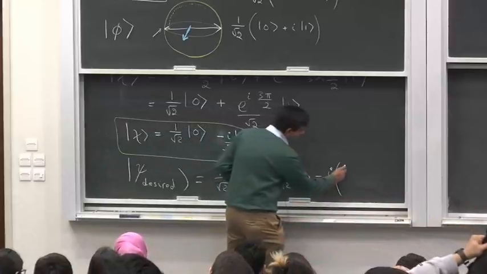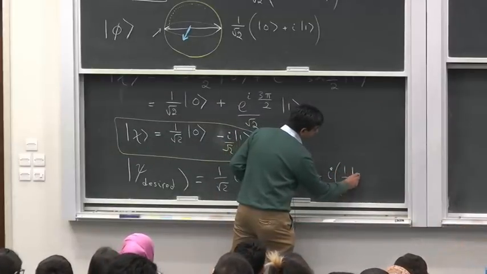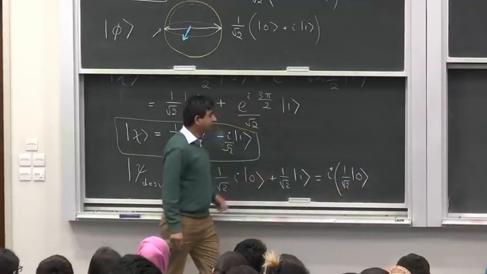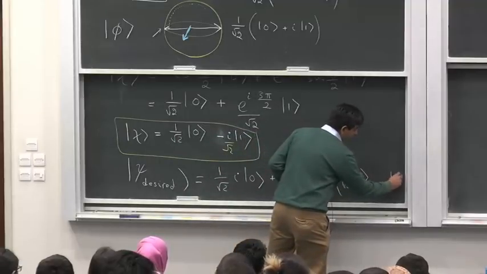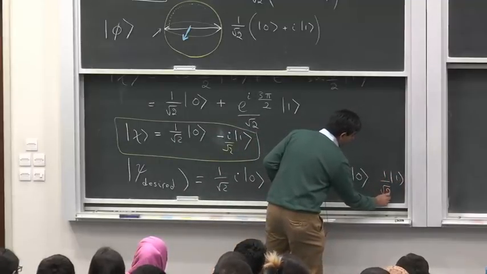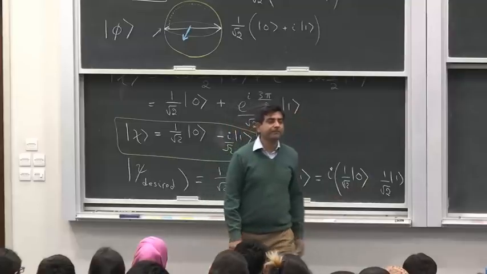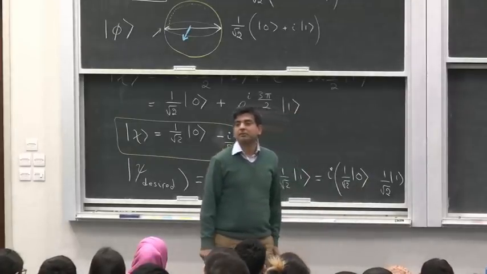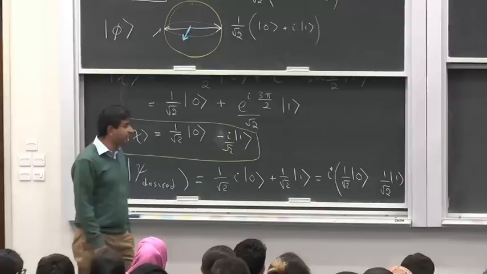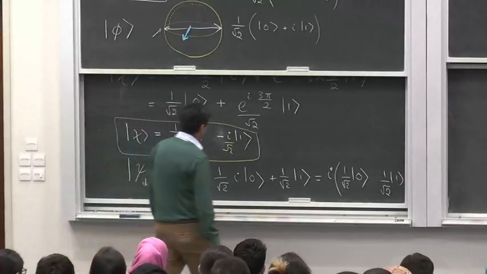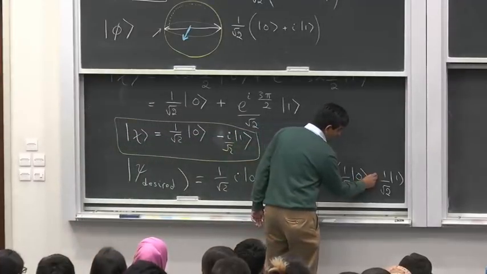So iota goes out, this becomes 1 over under root 2, 0. What should I put here? Can you please indicate what should I put here? 1 iota or minus iota? Minus iota.